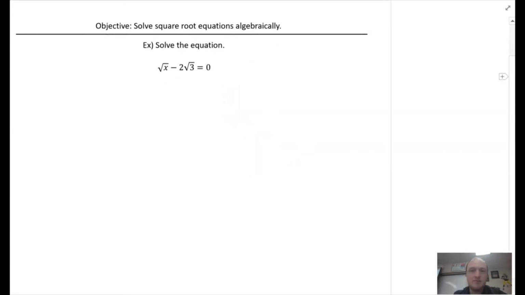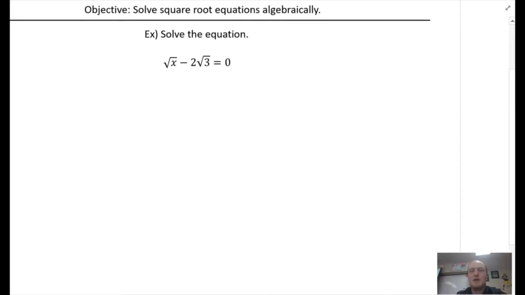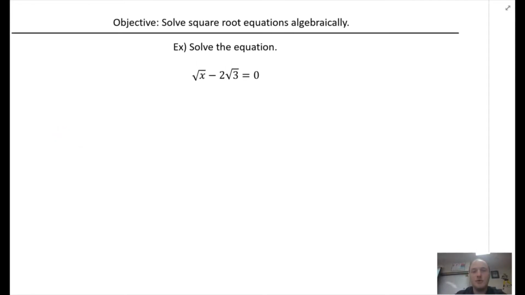Here's example 2. I have the square root of x minus 2 root 3 equals 0. Again, to solve this, I want the radical on one side, so I'll add 2 root 3 to both sides to isolate the radical. We get the square root of x is equal to 2 square root of 3.